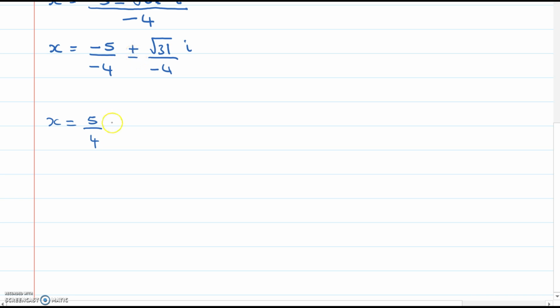If this is a plus, X equals 5 over 4 plus root 31 over 4i, or X equals 5 over 4 minus root 31 over 4i. So those are our 2 answers here.